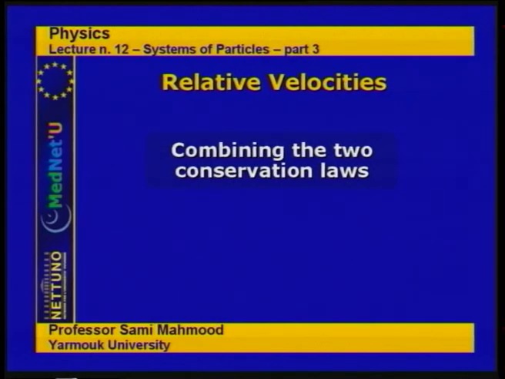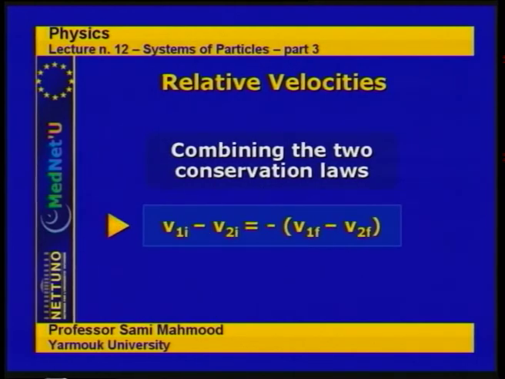And this equation, which is a result of the combination of the two previous equations, gives a formula for the relative velocities of the two objects. This states that v1 initial minus v2 initial, the relative velocity of the two particles before collision, is equal to the negative of v1 final minus v2 final, which is the relative velocity of the two particles after collision.